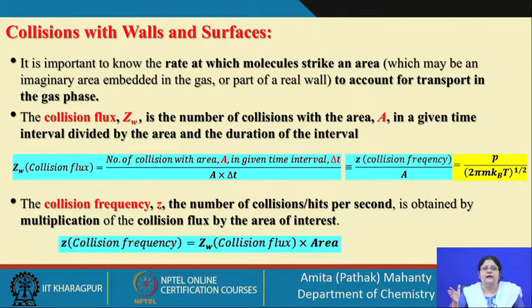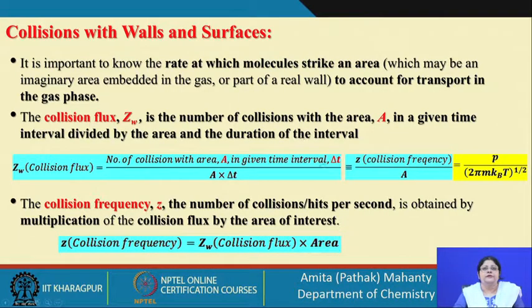What is the flux? Flux is the number of collisions with a particular area A at a given time per unit area. Okay. So the collision flux is the number of collisions with the area of interest A per unit time divided by the area and the duration of the interval.